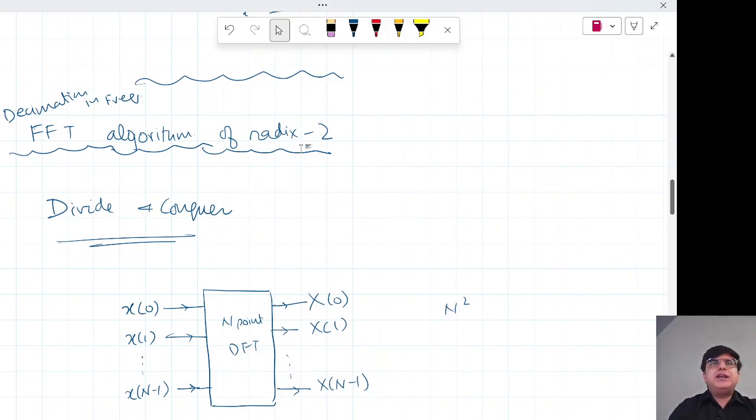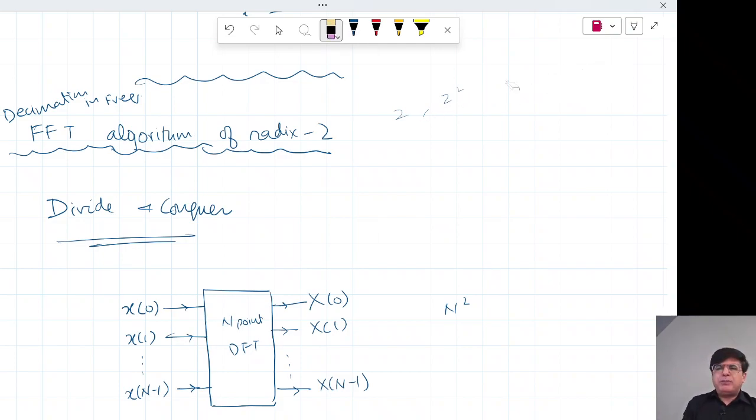We will see how the algorithm is set up soon. The only caveat of this algorithm is that the sequence length has to be a power of 2, something like 2 squared, 2 to the power 3, 2 to the power 4, and so forth, right?